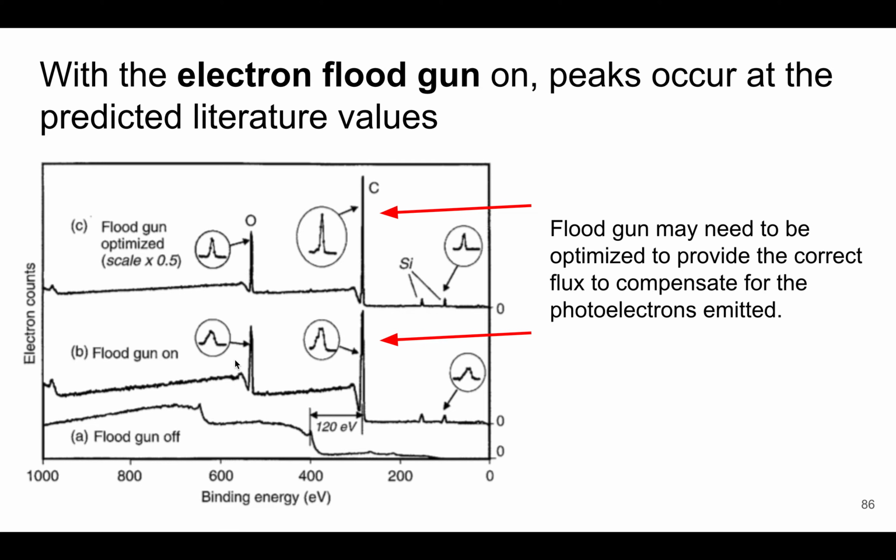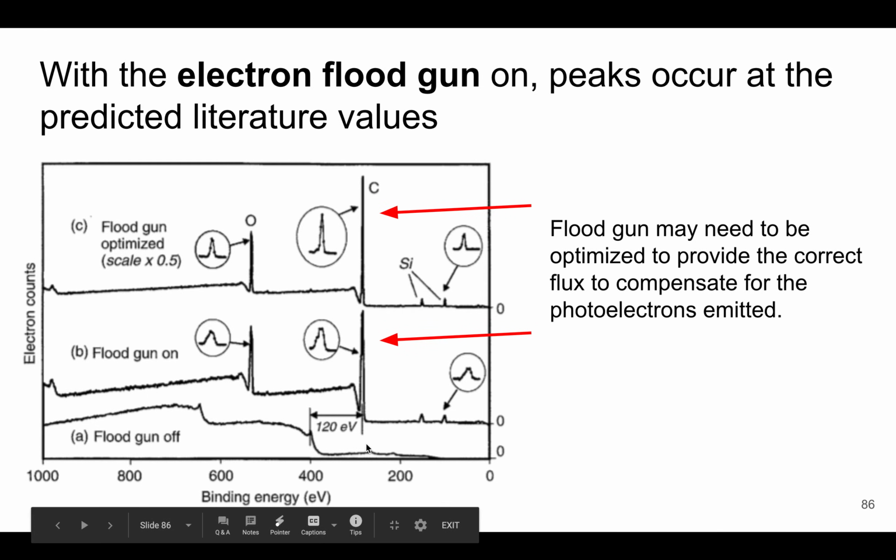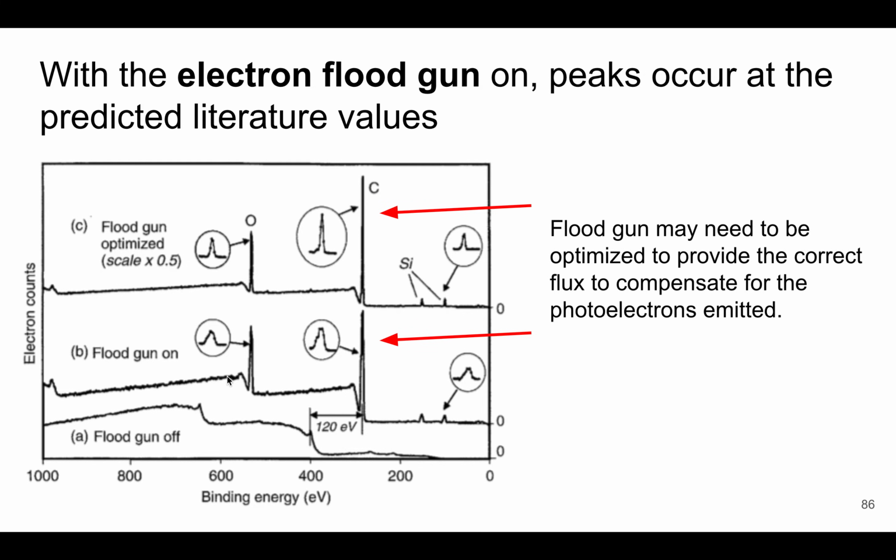And so back to that same diagram. Down here, the flood gun is off, and you notice all those issues with charging. And then down here, we notice that the flood gun is on and it's stabilized back to the position. There's also some optimization that has to happen with the settings, and you can see the peak shape looks a little weird.